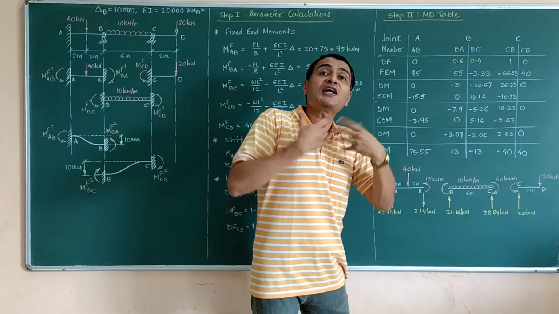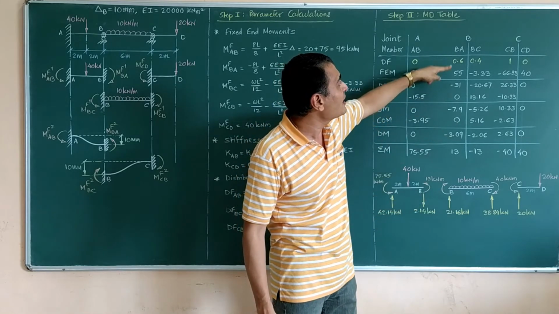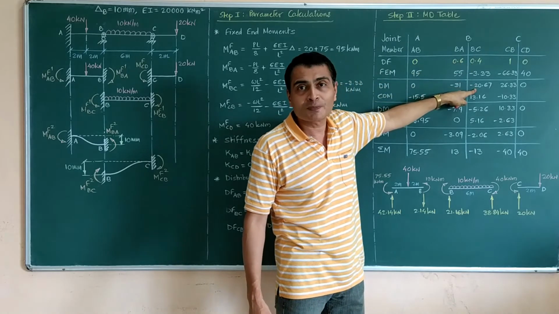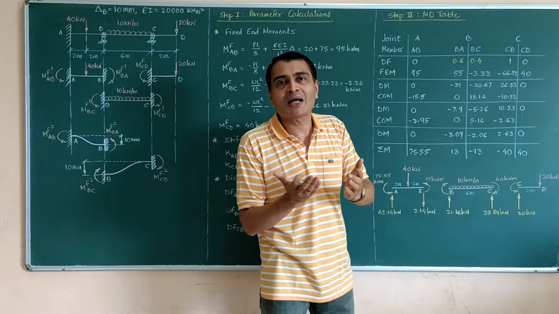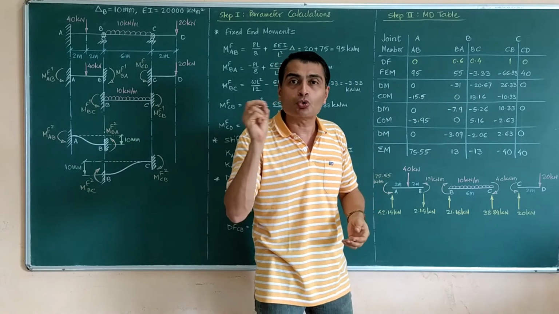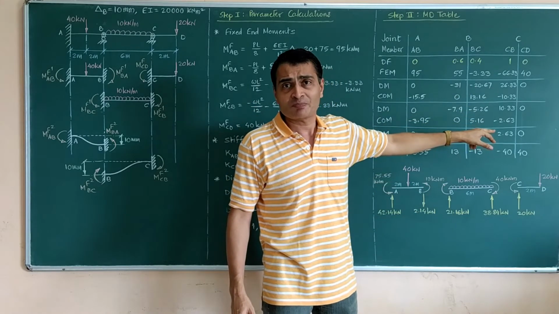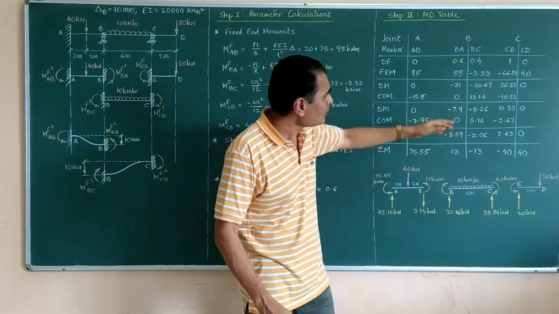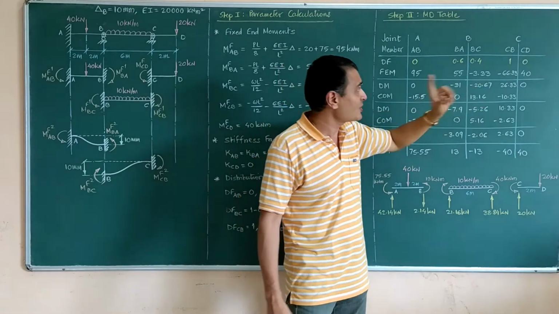So I apply negative 51.67 to balance it, which gets distributed as 51 into 0.6, 51 into 0.4. Do the calculations properly, because I don't have the figures in my hand. I am rounding off the figures and discussing, but you do the calculations correctly, and these figures are all written correct, because while writing this I had my calculator with me. So the distribution is negative 31 and negative 20.67.